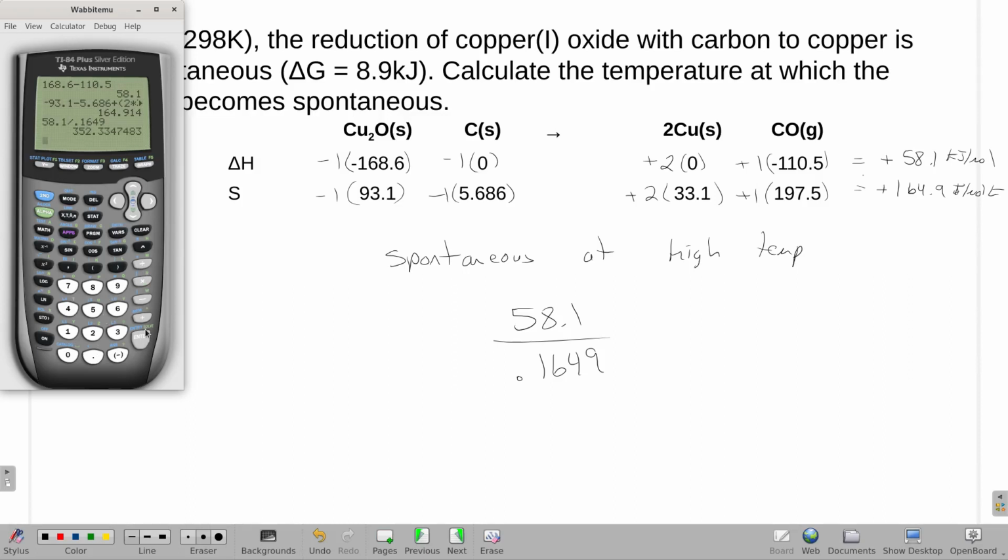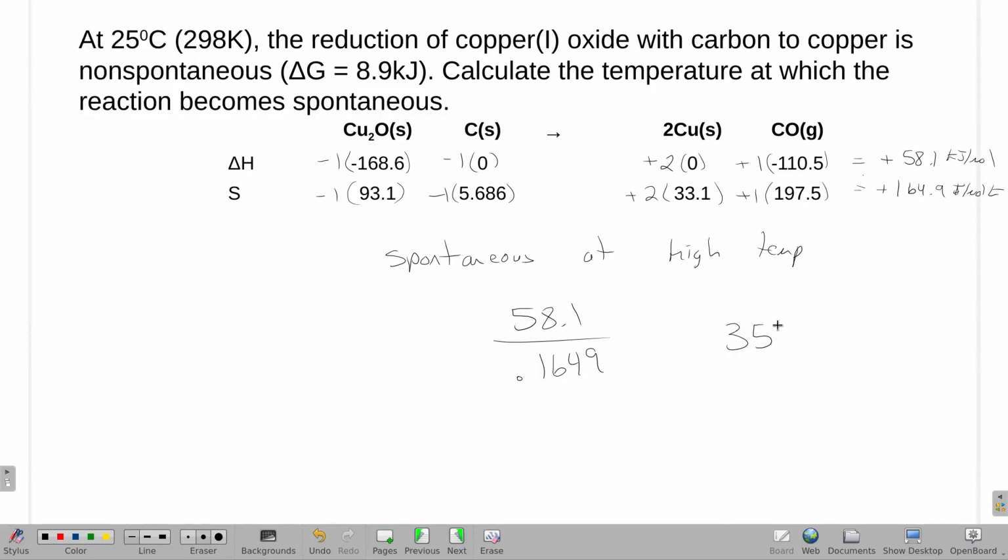I get a temperature where it changes to non-spontaneous of 352 Kelvin. So I don't want to just give 352. I want to say, in this case, above 352 Kelvin, that's where it will become spontaneous.